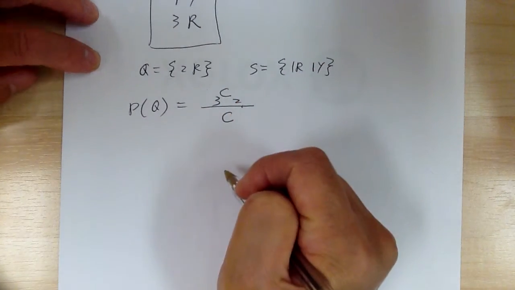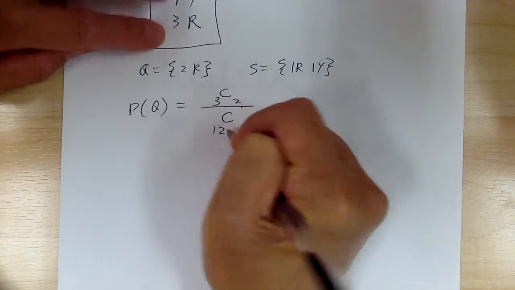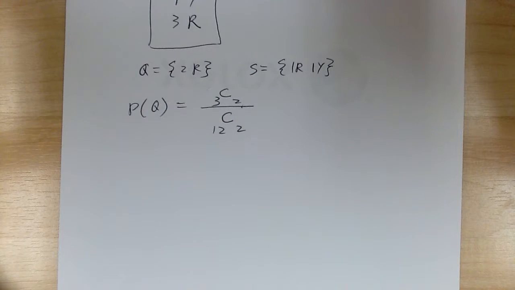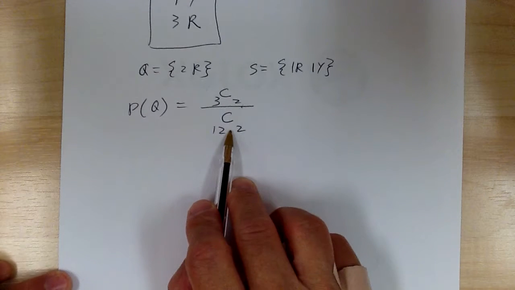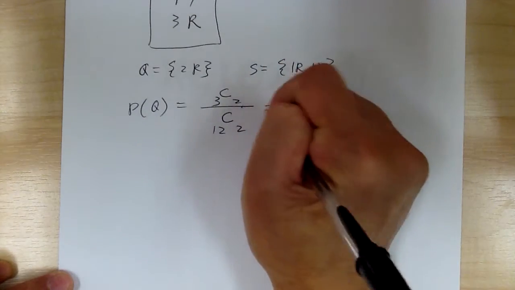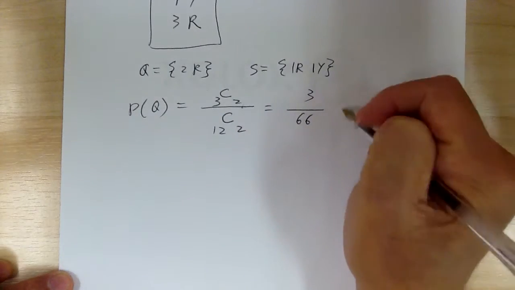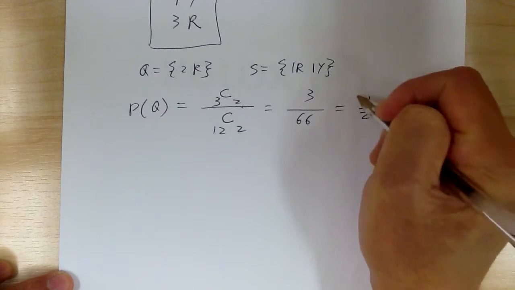In the sample space, there are a total of 12, and you want to get 2. So that's your total number of ways you can get. You can use your calculator and evaluate. So this is equal to 3 over 66, and so equal to 1 out of 22.